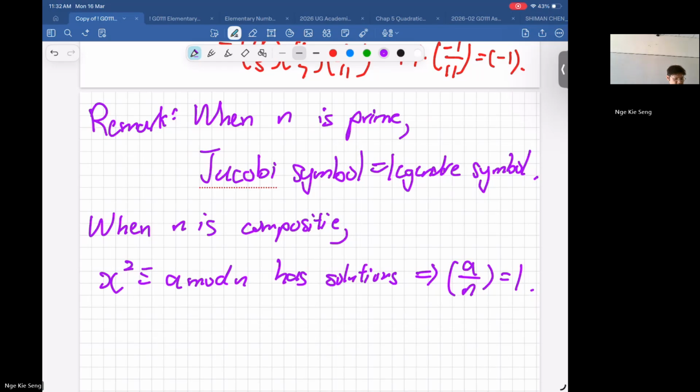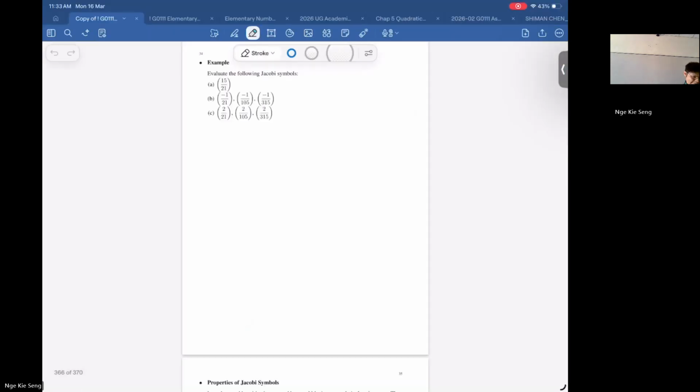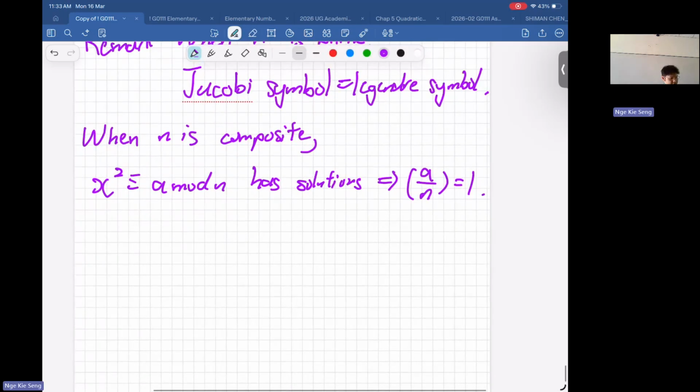Are people okay with this sentence so far? So when n is composite, this has a solution, implies that a over n is 1. This is the Jacobi symbol because n becomes composite now.